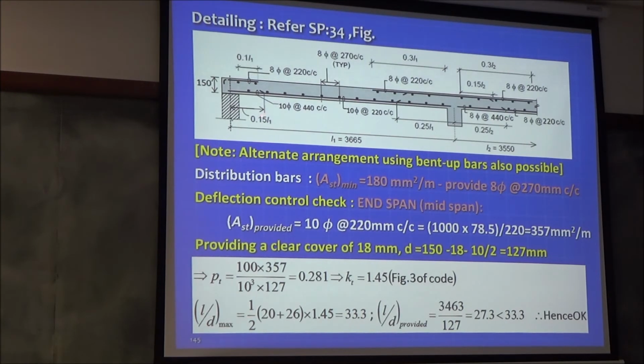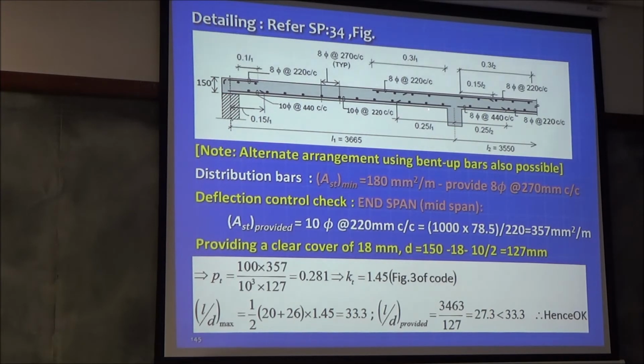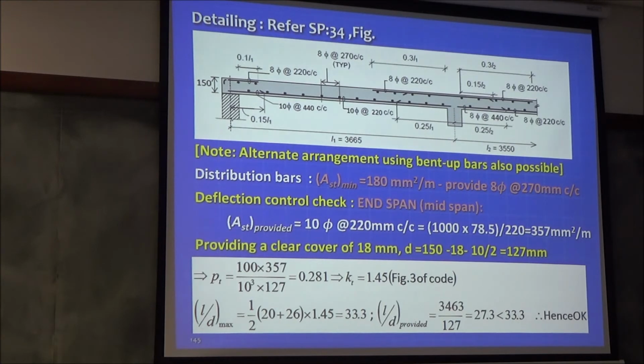Normally you curtail 50% at 0.15 from the end support and 0.25 from the intermediate support, and you extend 0.3 of this span here. You can stop this halfway through, etc. So go through this detailing. I would like you to draw this yourself. I drew this in MS Word in those days.